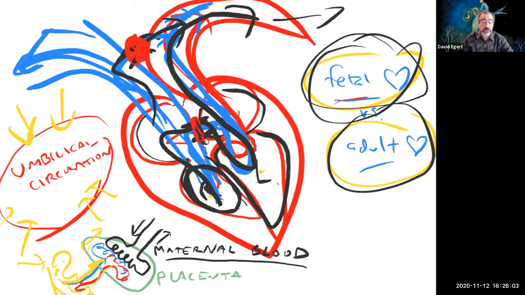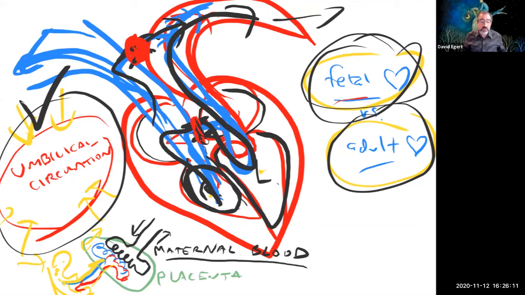And again, you don't need to know all of the details, but you should understand the basics. One is we got an umbilical circulation, which is going to the placenta to exchange materials with the mom, not mixing blood, but exchanging materials across the placenta.